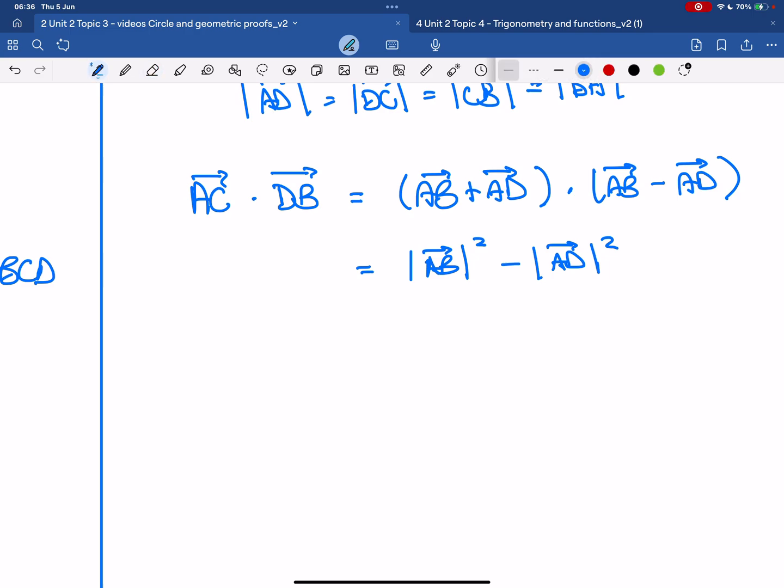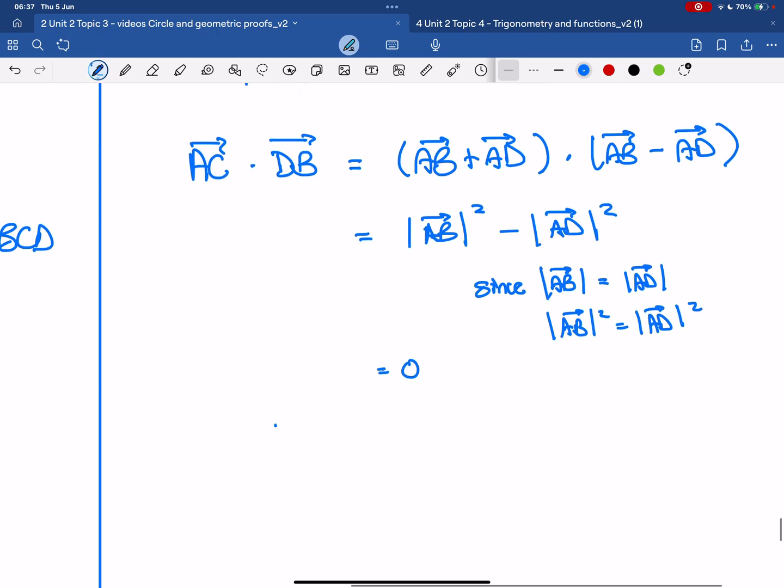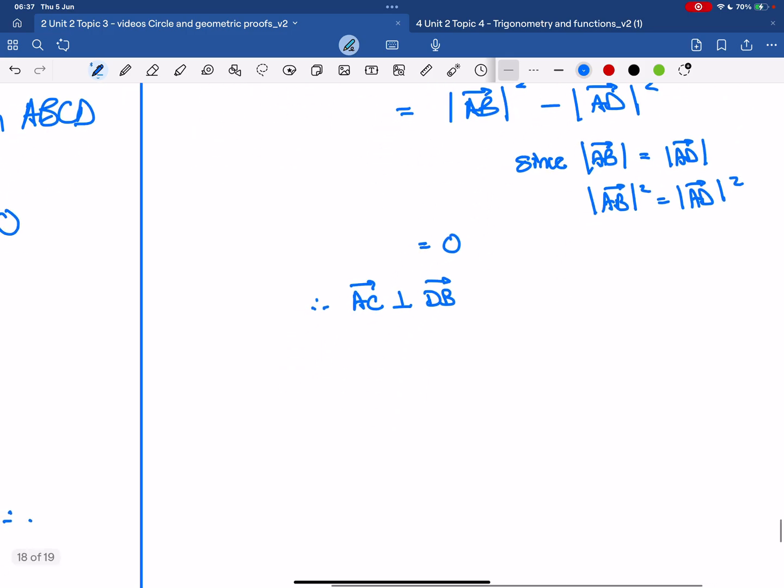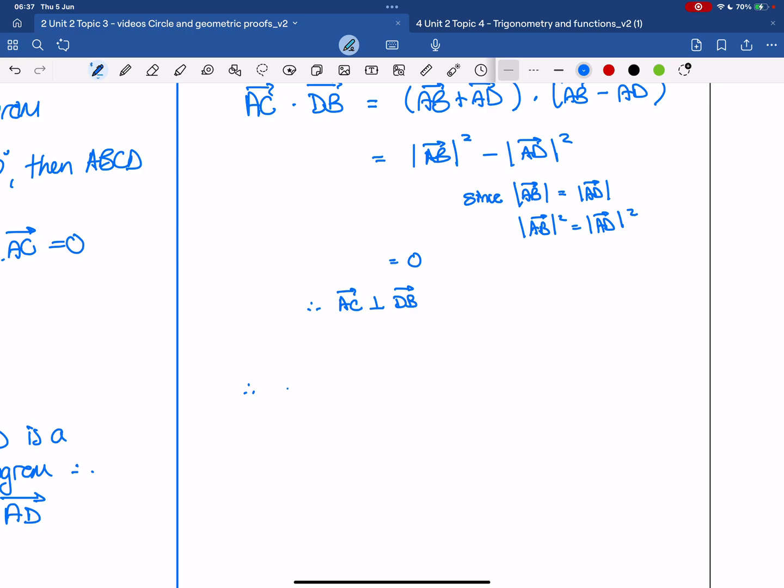So I can say, since the magnitude of AB equals the magnitude of AD, the magnitude of AB squared equals the magnitude of AD squared. So therefore AB squared minus AD squared is equal to 0. And if my dot product is equal to 0, AC is perpendicular to DB.